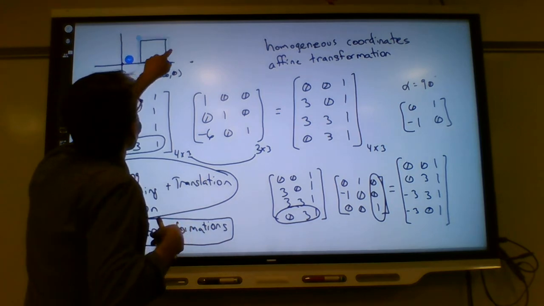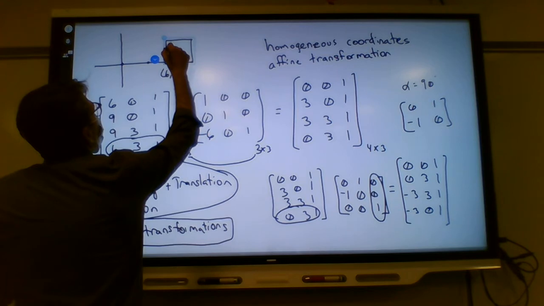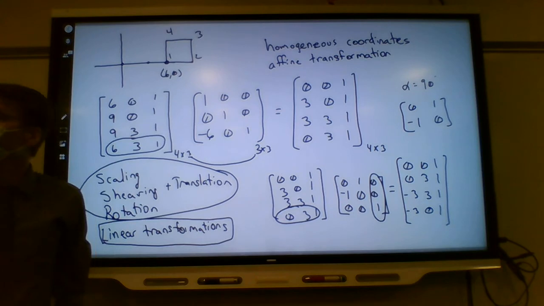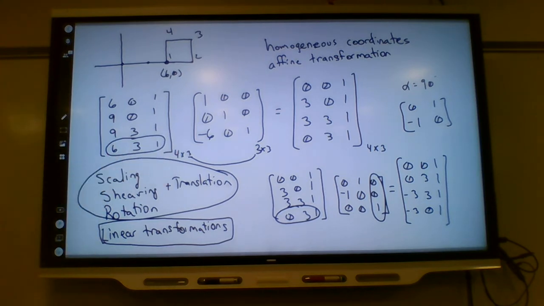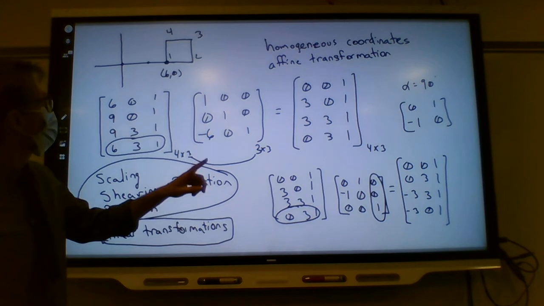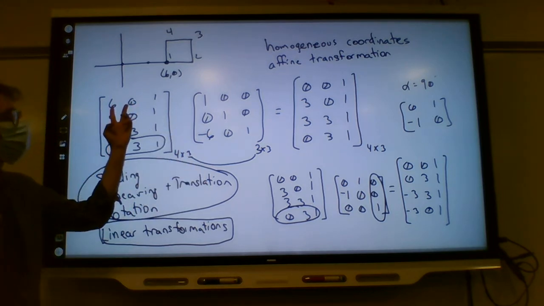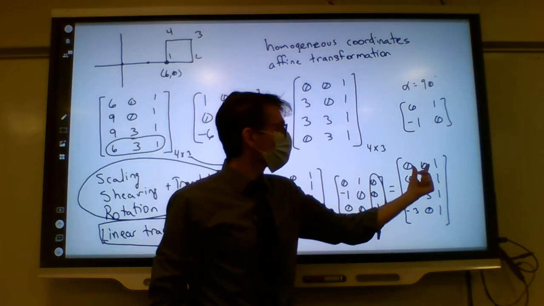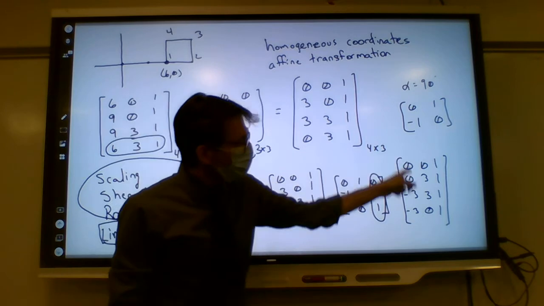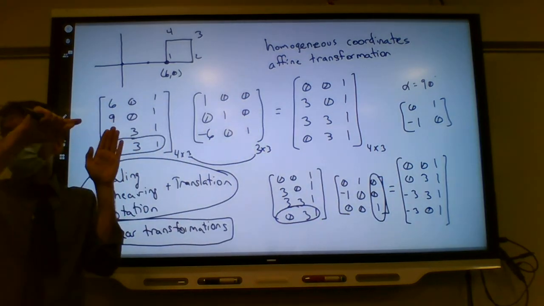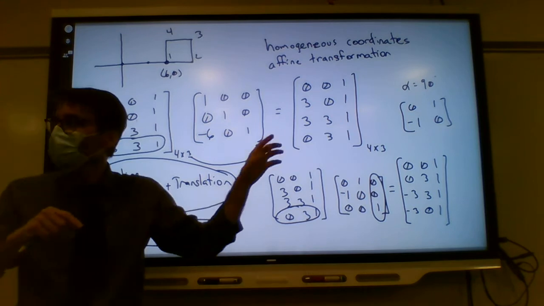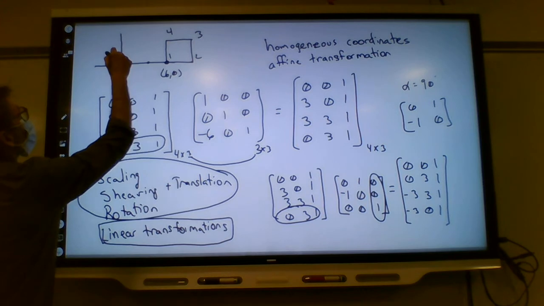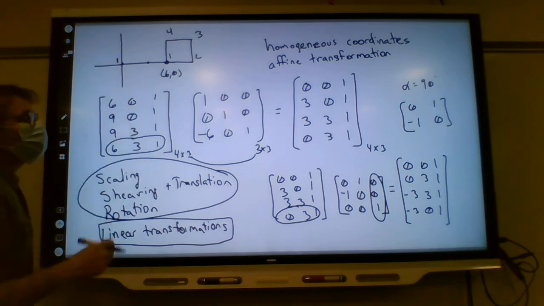We had point 1, point 2, point 3, point 4. What do we have over here? Point 1 is now where? Actually, at this point, it's above the origin, right? But if we scaled back or projected back down, it would be at the origin. So point 1 is here.